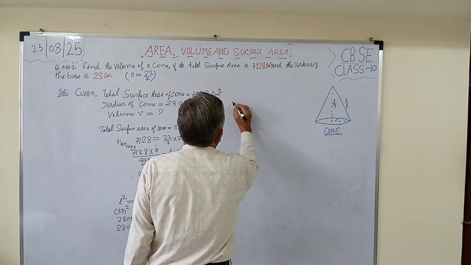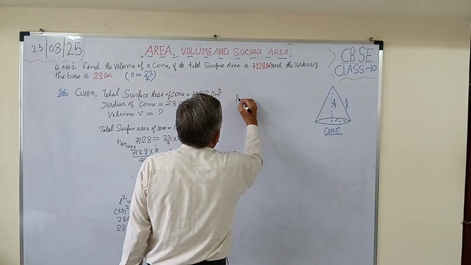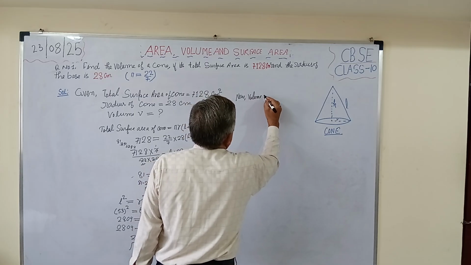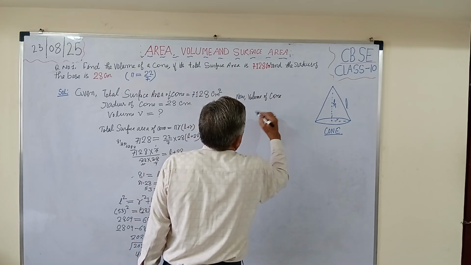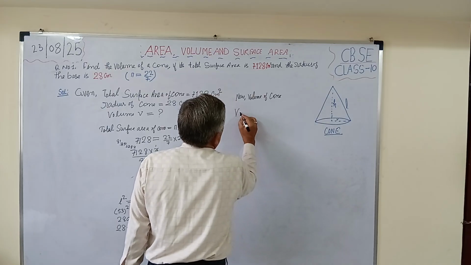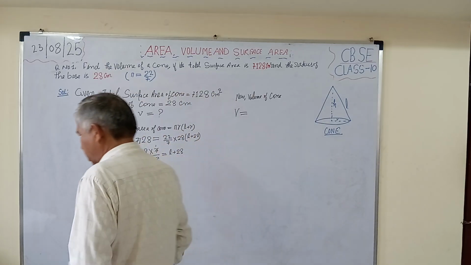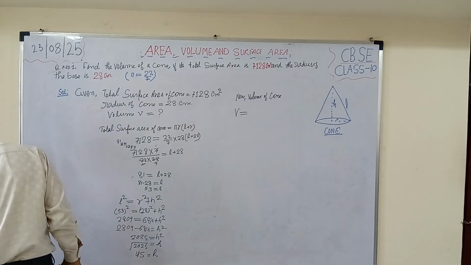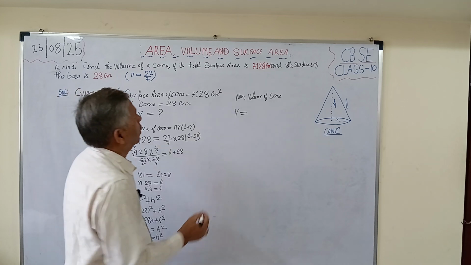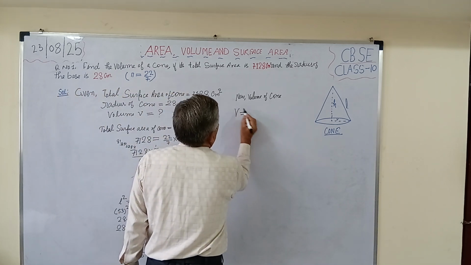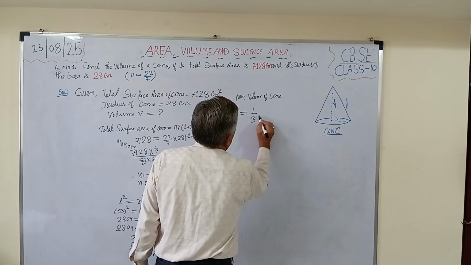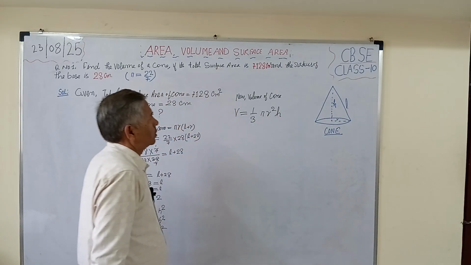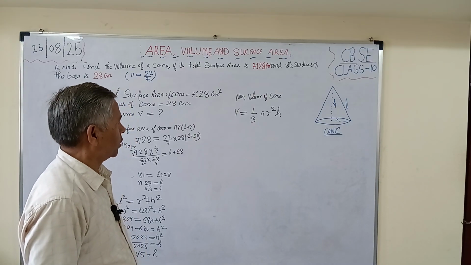Now I will calculate volume. Volume of cone, that is V equals to, we know the formula, that is V equals to 1 by 3 pi r square h.